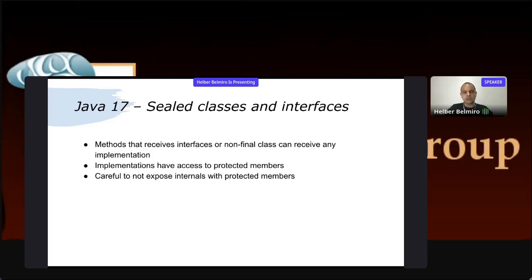So we have to be aware of that and be prepared to receive any implementation in our methods. And besides that, these implementations have access to protected members of our superclass, for example.